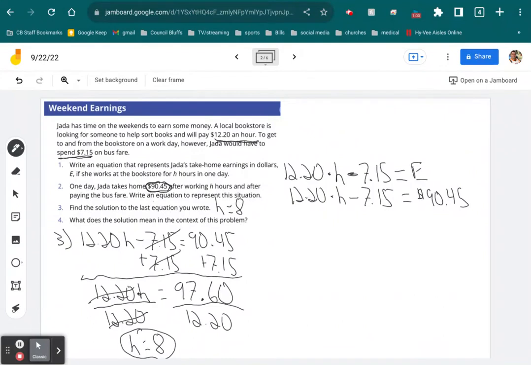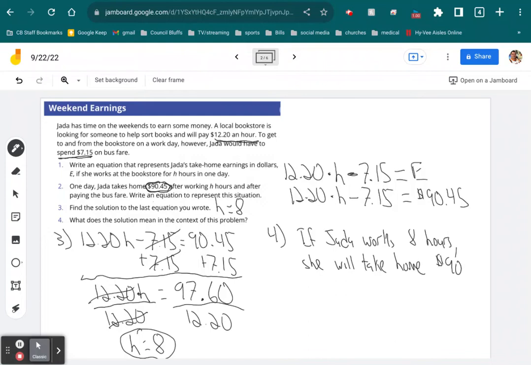All right, I will write that down again so you can get it. So because H equals 8, if Jada works 8 hours, she will take home $90.45 at the end of the day.